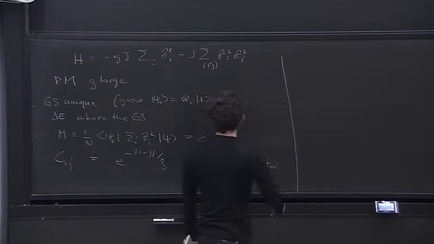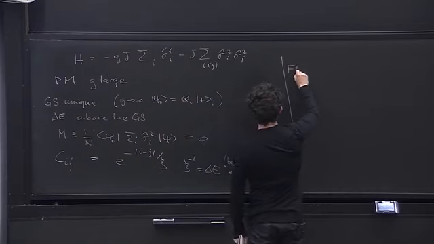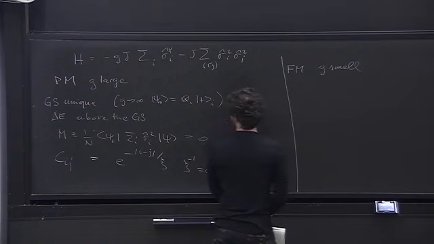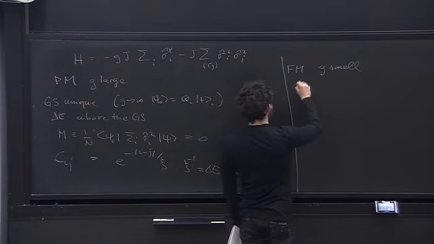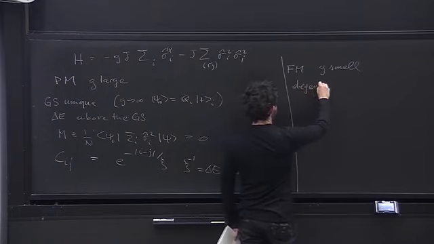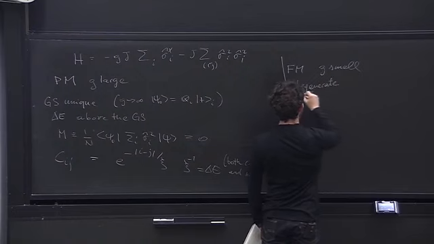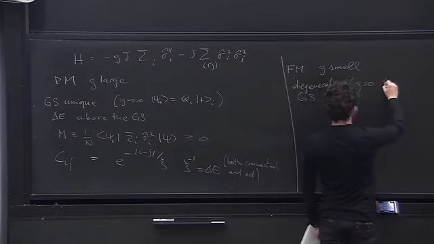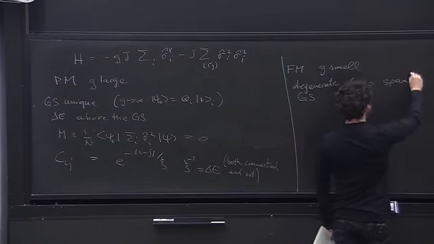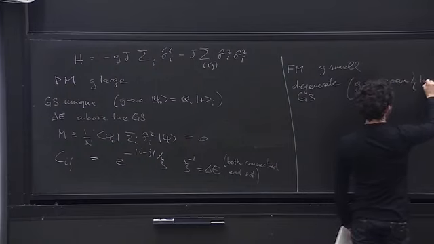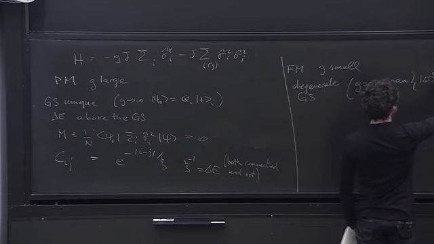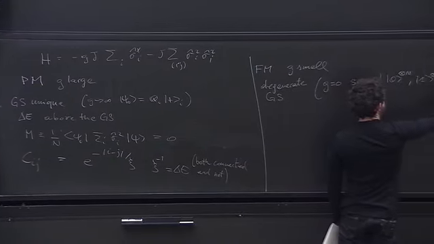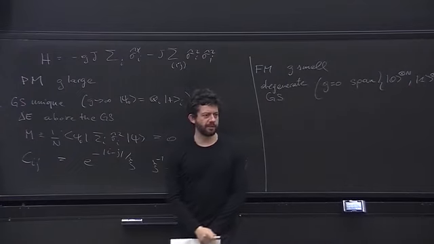Whereas the other phase that we call ferromagnetic, for G small, has a degenerate ground state, which for G equals 0 is the span of these two states, namely, all spins up and all spins down.